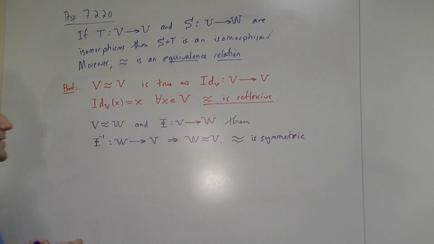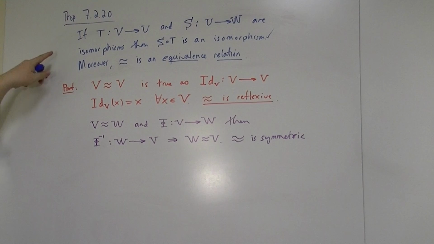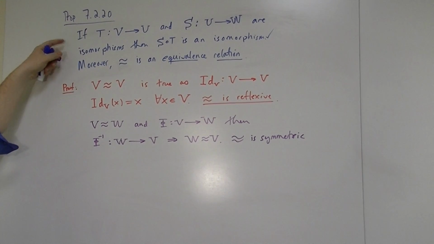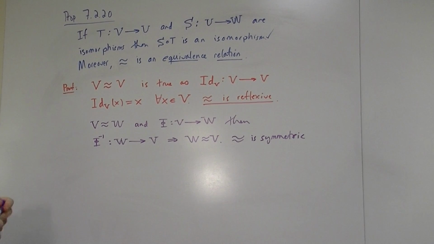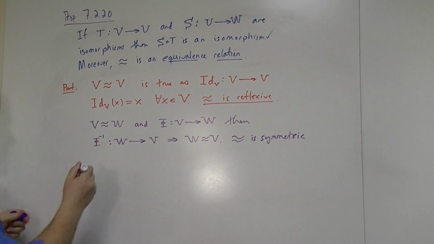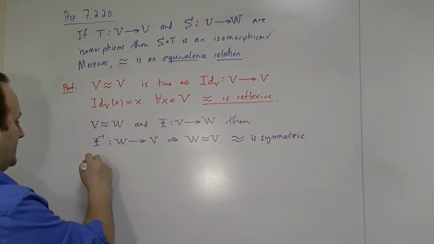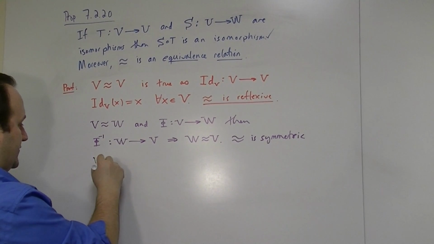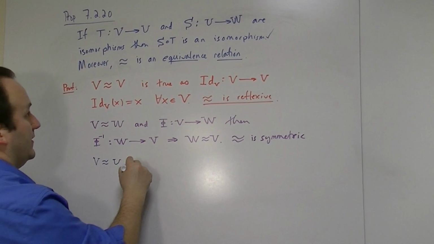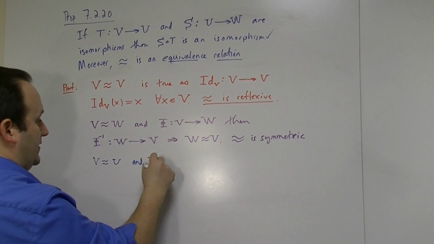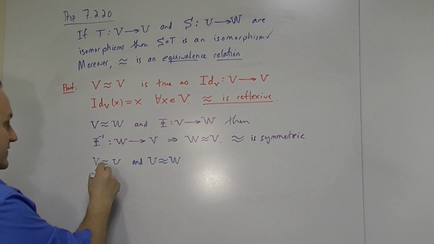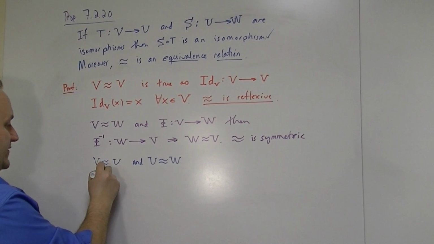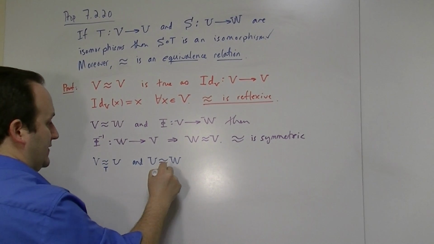And then finally, we just proved that the composition of isomorphisms is an isomorphism. So the transitive property really needs that. Let's say v is isomorphic to u, and u is isomorphic to w, say with isomorphism t and isomorphism s.